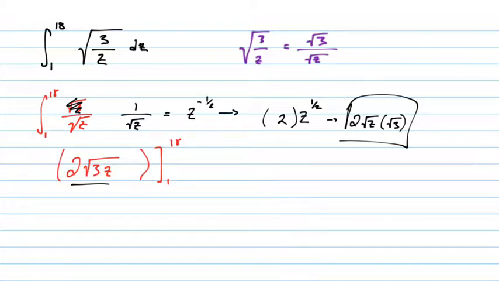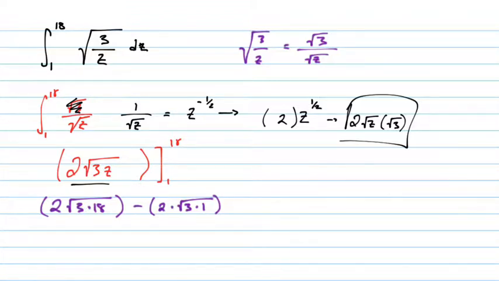So then evaluation comes from just plugging in 18 and subtracting what we get when we plug in 1. Now you can come out with an exact answer.